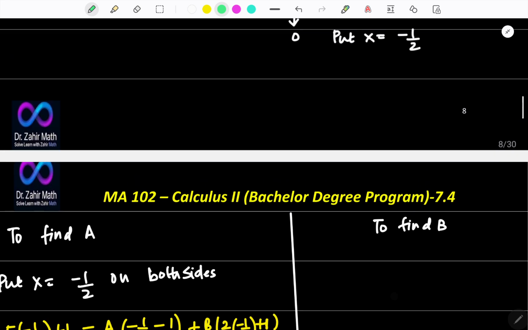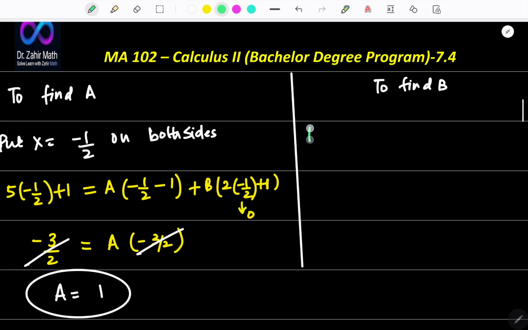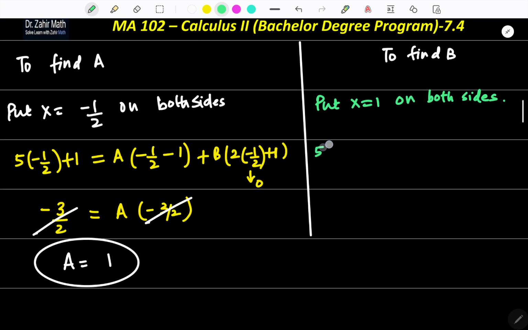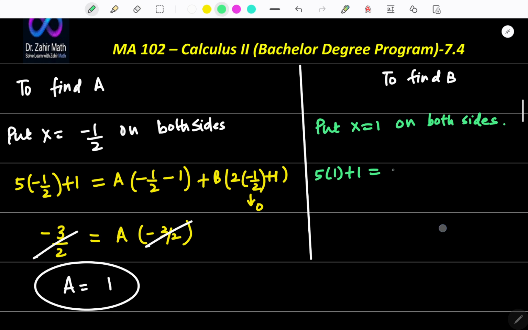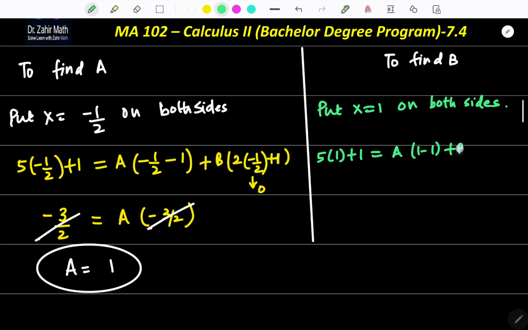Let's find B, okay? So to find B, what should I do? I put x equals 1 on both sides. When I put x is equal to 1, 5 times 1 plus 1 is equal to a times 1 minus 1, plus b times 2 into 1 plus 1.